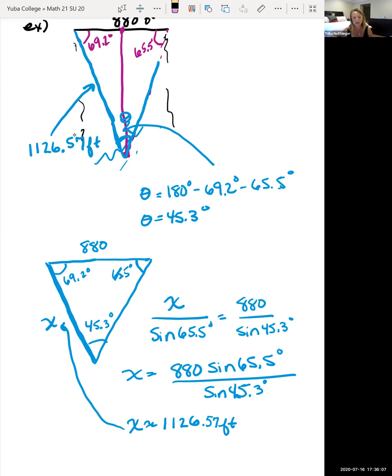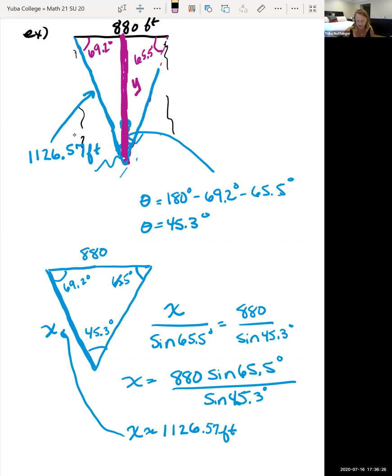So if we know this, we have the angle across from the length that we want, that height from the bridge to the water that they were both looking down at. I don't know, let's call this maybe Y. So looking for Y, I'm looking again for a length, and so I'm going to use law of sines, and I'm going to put the length of the side in the numerator.